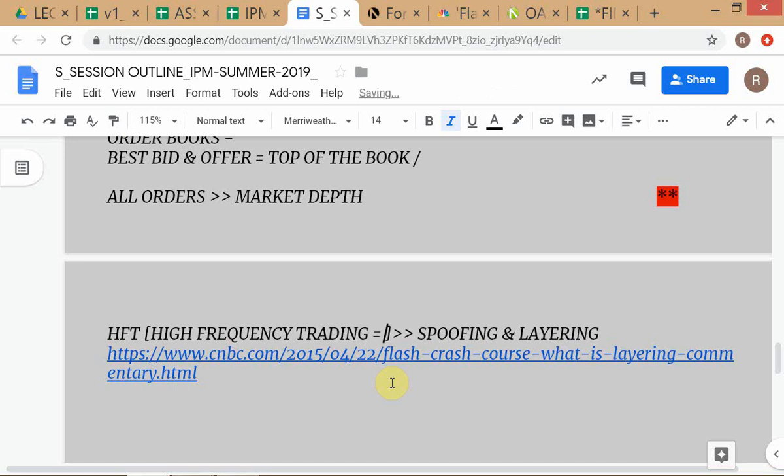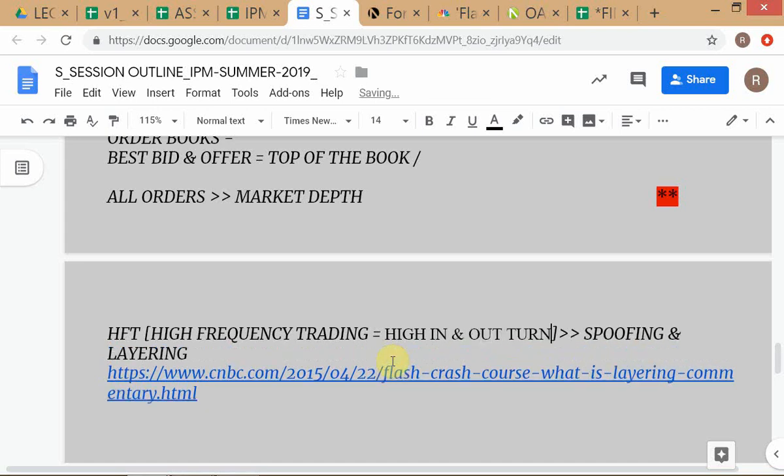It's not going to look pretty, but high frequency trading is nothing but high in and out turnover. In and out, you understand? You buy and sell the same amount. That is just what I mean by this loose expression, in and out turnover.